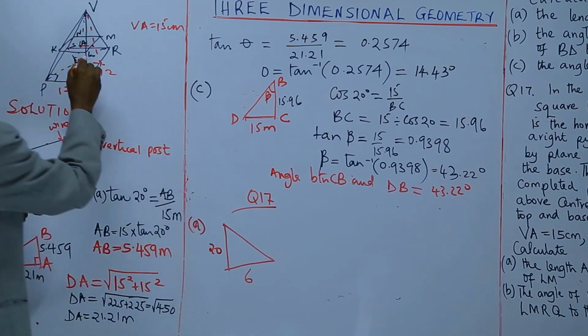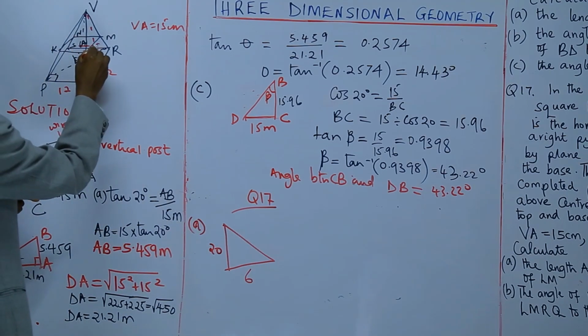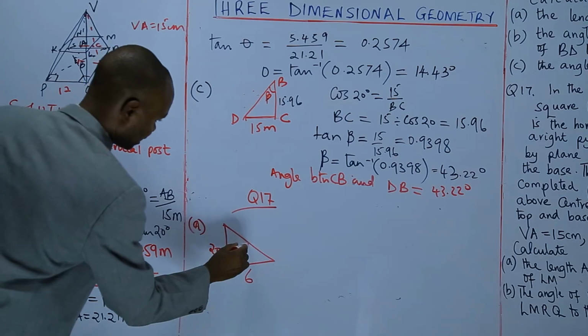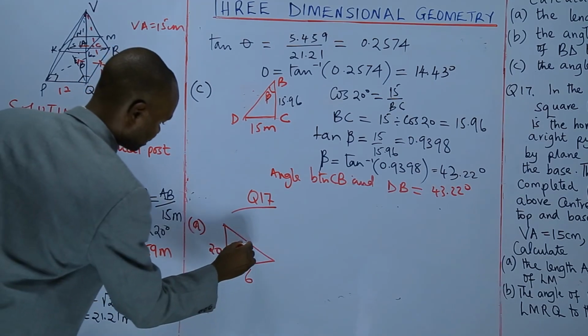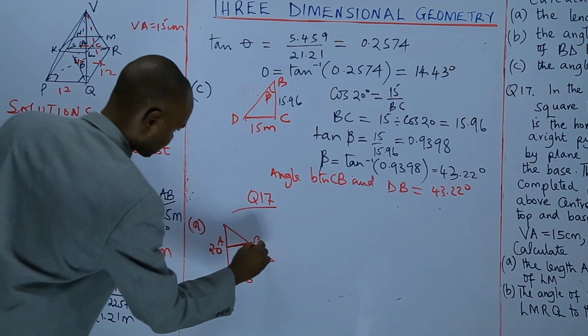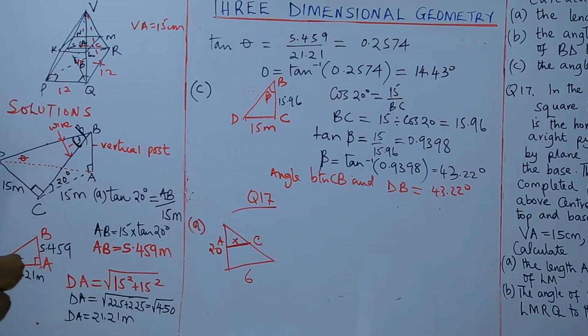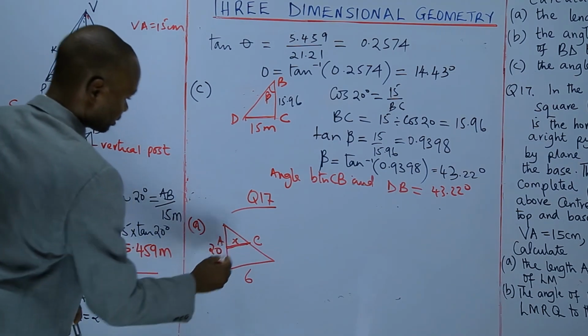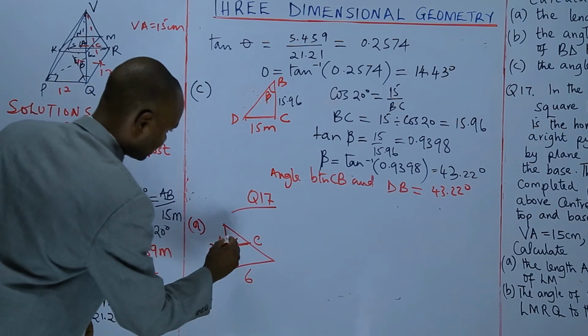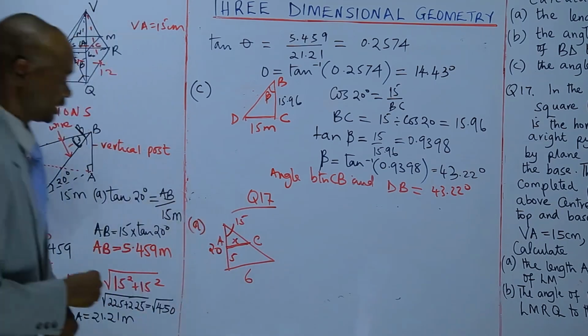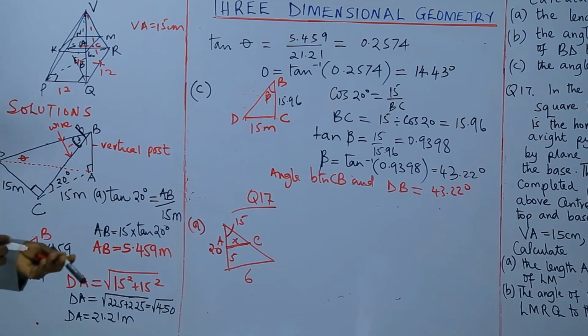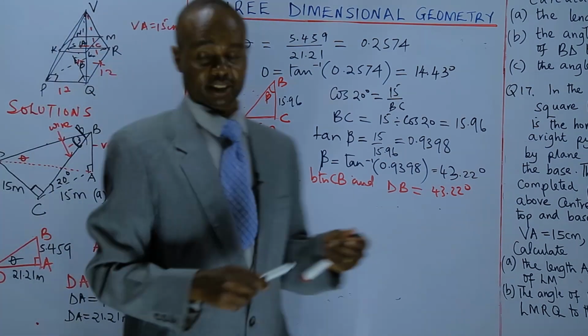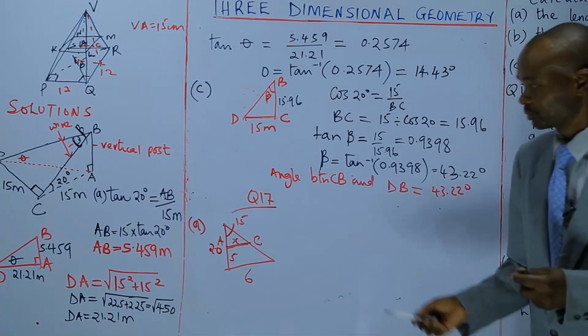So the distance they are asking for is A to C. I don't know that length, but I know this one was 5 and the upper one was 15. So I can use similar triangles.